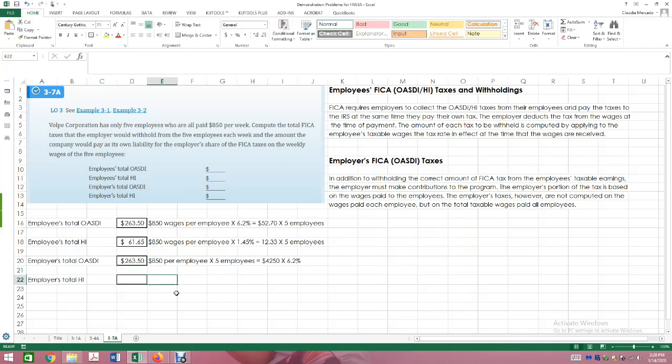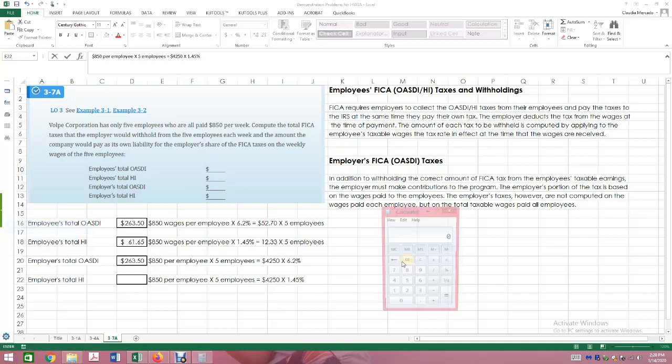Now, we're going to do the same thing for HI. I've got my $850 per employee and 5 employees. That is going to give me $4,250. And I'm going to multiply by 1.45%. So $4,250 times 1.45% gives me 61.625.